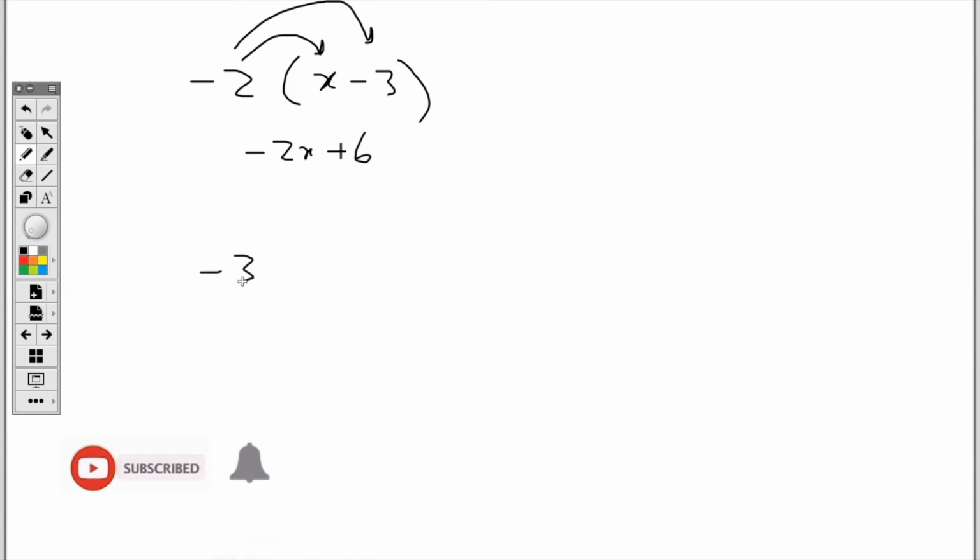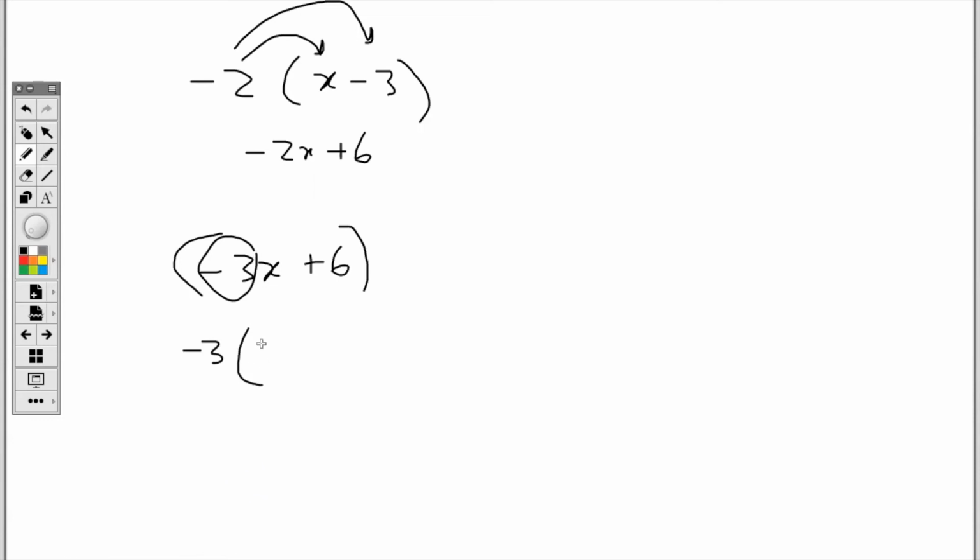Let's look at factoring out a number that is common. Here I'm going to factor out -3. So -3 is common, so factoring out this -3, students will incorrectly write x plus 2. Now this is not correct. Once you factor out a negative number, there will be a sign change.